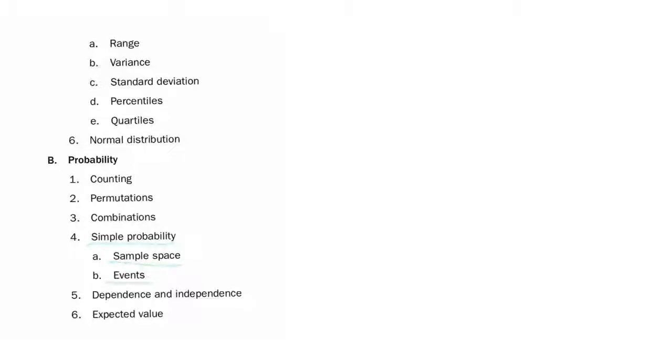Okay, so simple probability, first of all, is often denoted by this symbology right here, where the E represents an event. So if you want to know the probability of a particular event occurring, essentially what you're saying is, okay, what is P of E?